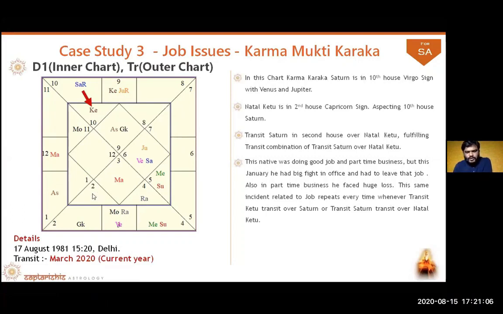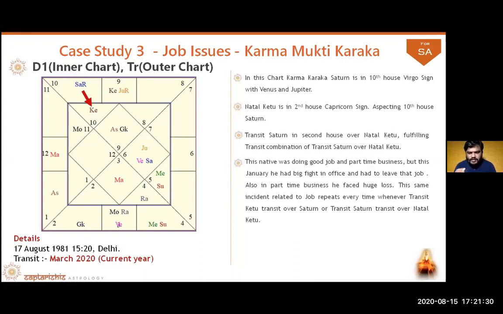Venus is the sixth house lord. So you can see the majority of the sixth house, the sixth sign, and the sixth house lord also. It means this native again and again has disputes and fights in the offices. So he had to leave the job. Also, in the part-time business, he faced huge monetary losses.